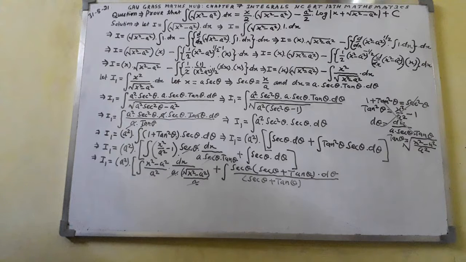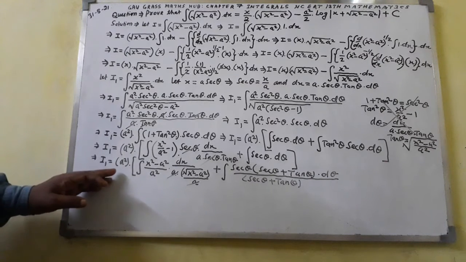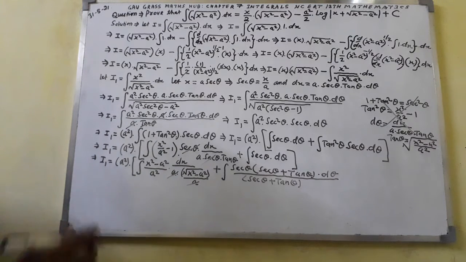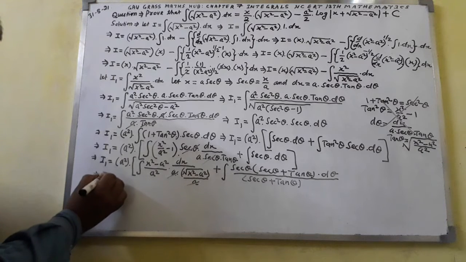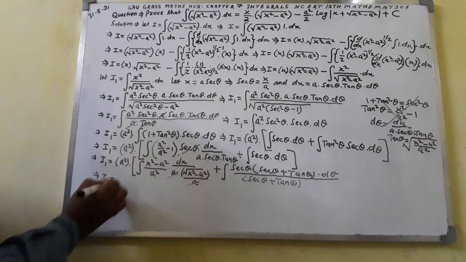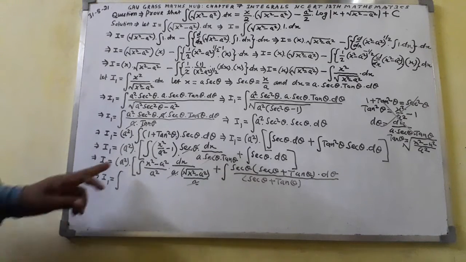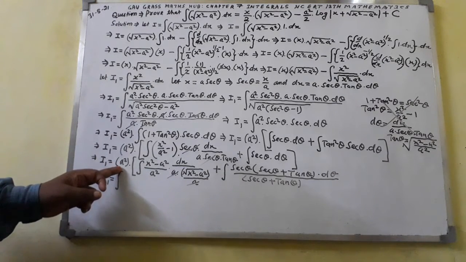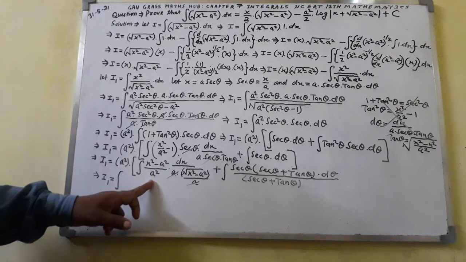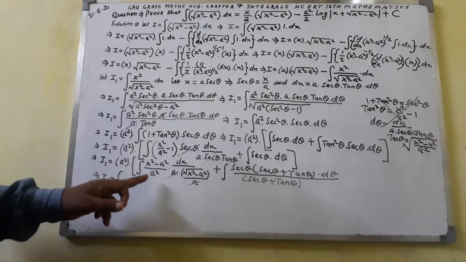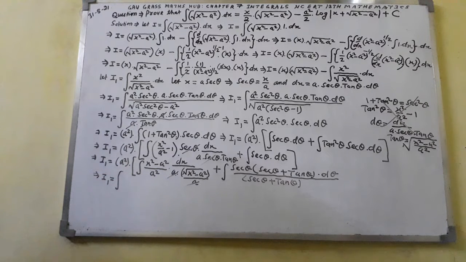Now what will we do next? Next, this a square will enter inside. You will get here I1 equal to integral. This a square is constant, also this a square is a constant. A square over a square will be cancelled out.